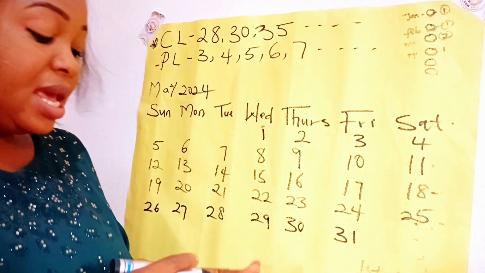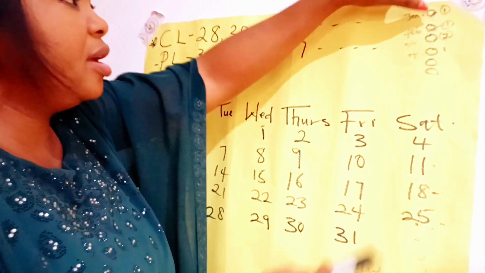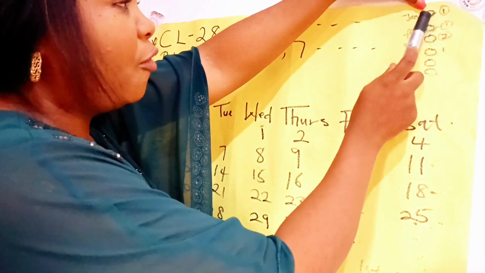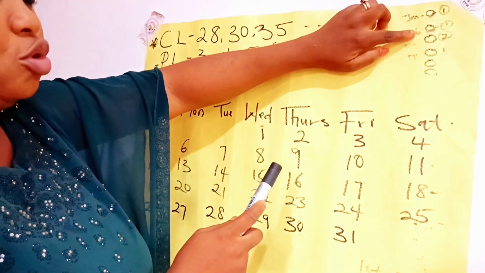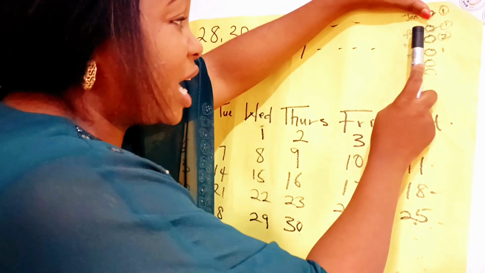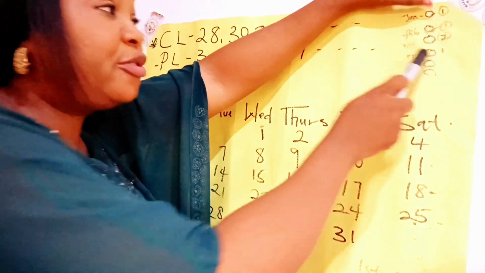What does that mean? It means if you count this month, from the first day of your first cycle to the first day of your second cycle, for example, it gives you 25 days. Then you find out that from the first day of your second cycle to the first day of your third cycle, it gives you 26 days.